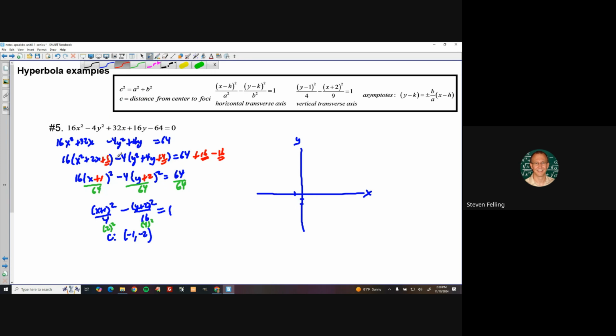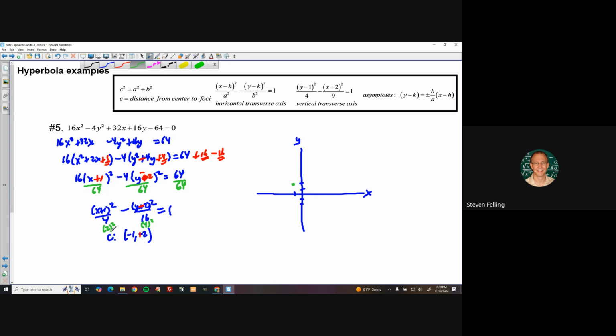When you factor a negative out, this has to become negative so that this ends up being positive, which means this is y minus 2. This is y minus 2, which means this is plus 2. So everything else is the same except we've got that. All right. So that means that our location is slightly different. It is negative 1, positive 2 for the center of the object. Sorry, going a little too quickly there.